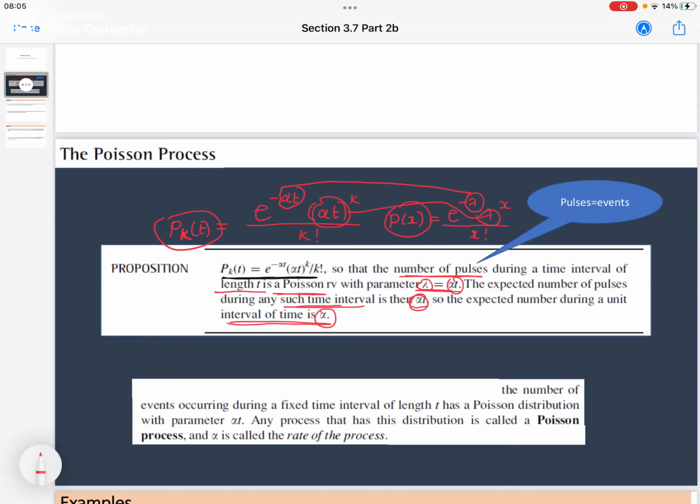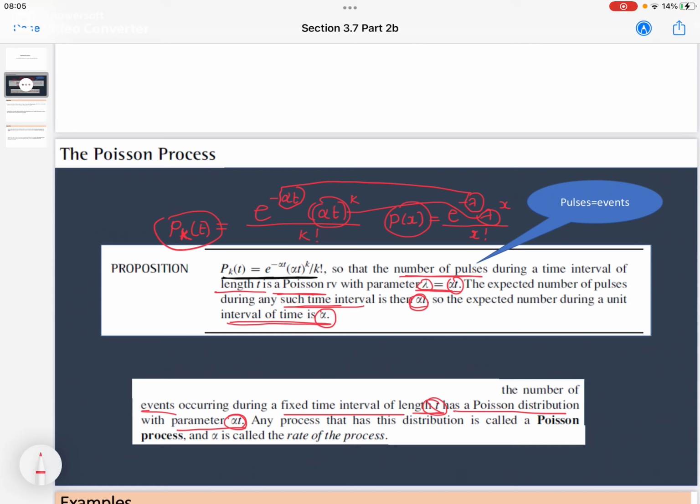Alright, so with the Poisson process, the number of events occurring during a fixed time interval of length t has a Poisson distribution with parameter alpha t. So the number of events, or successes, that occur during some fixed time interval of length t, so time or specific space is involved, follows a Poisson distribution with parameter alpha t.